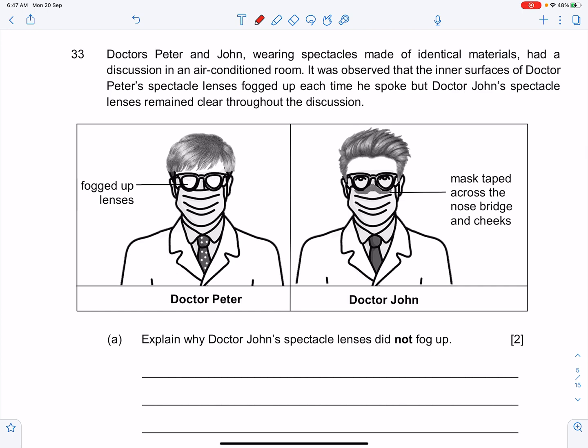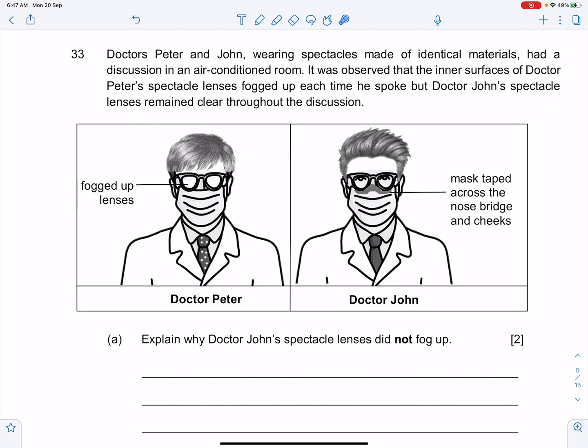Okay, question 33. Doctors Peter and John, wearing spectacles of identical materials, had a discussion in an air-conditioned room. It was observed that the inner surface of Dr. Peter's spectacle fogged up each time he spoke, but Dr. John's remained clear.